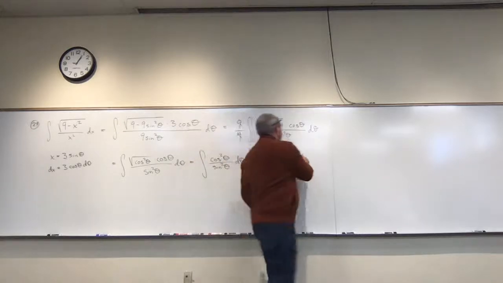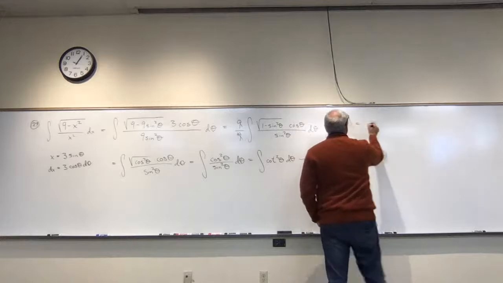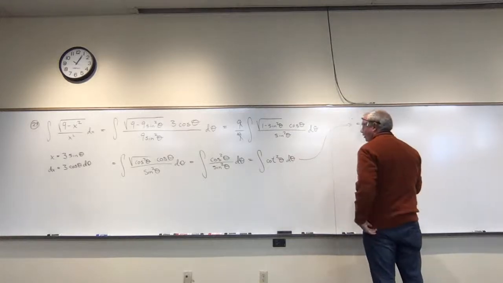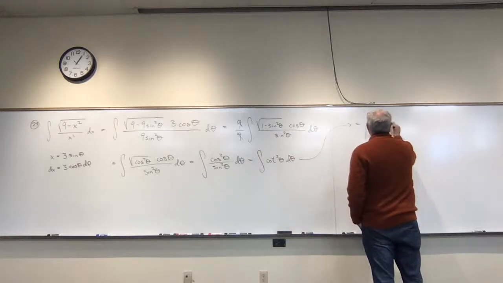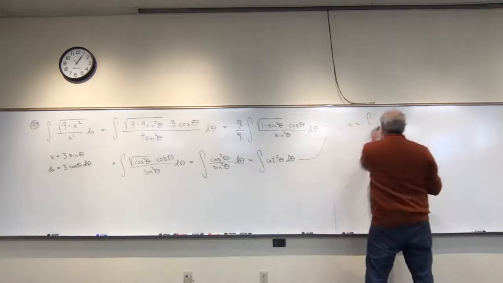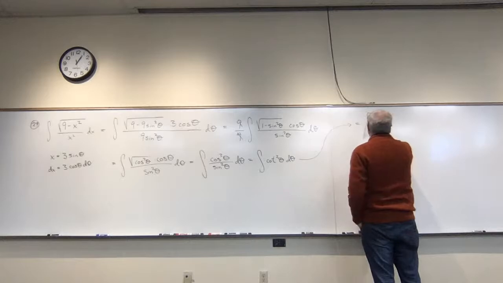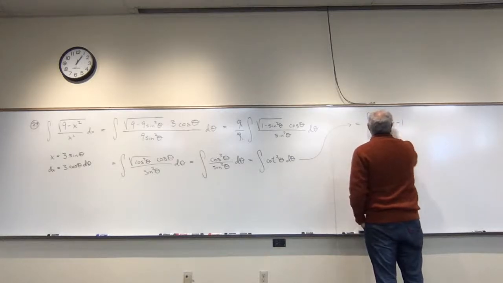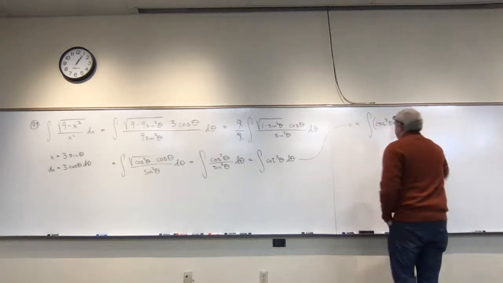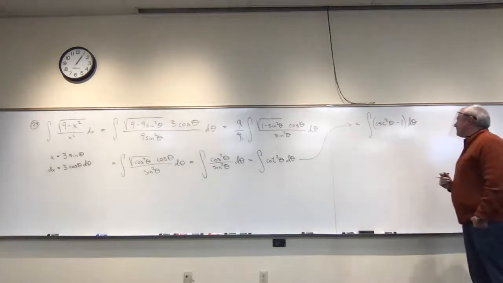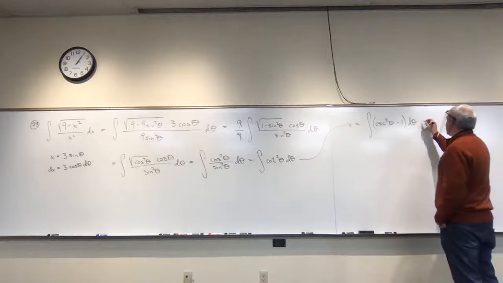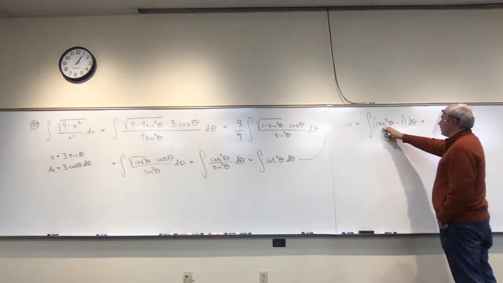So I can rewrite this: cotangent squared of theta would be cosecant squared of theta minus 1 d theta, which is otherwise known as, now I can take an antiderivative.